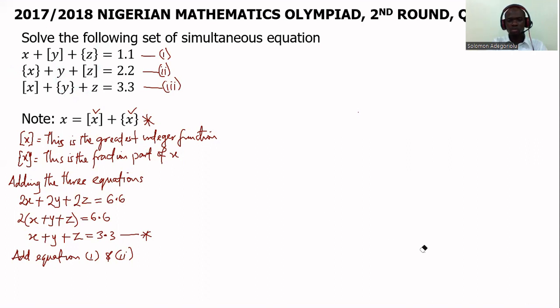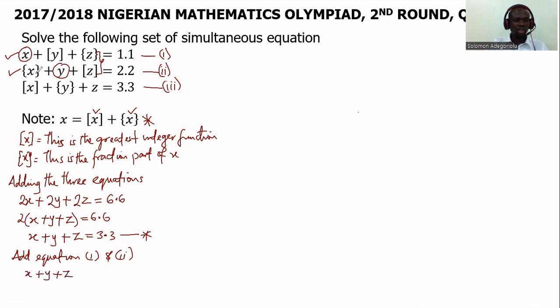From what we have here, equation 1 is this, equation 2 is this. So we have x plus y, and don't forget, addition of these 2 is going to give us z. So we have x plus y plus z, then also plus the fraction part of x and the greatest integer function of y.